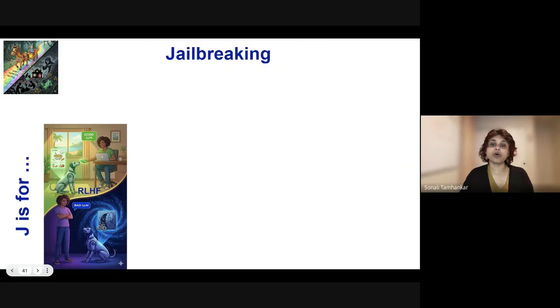Models learn to walk on this harmless, honest, helpful path in the post training process. Traditionally, one of the ways to accomplish this is reinforcement learning with human feedback, or RLHF.